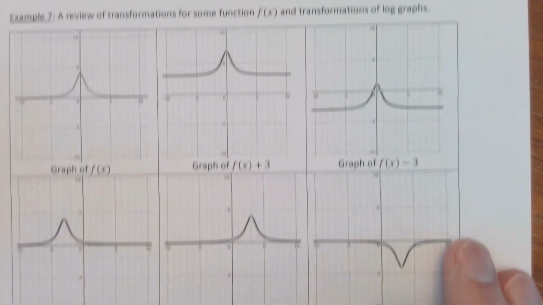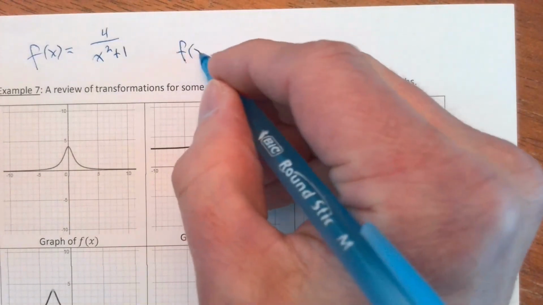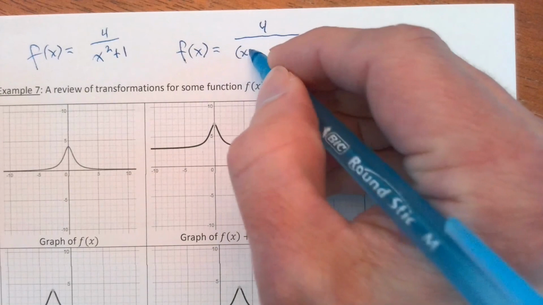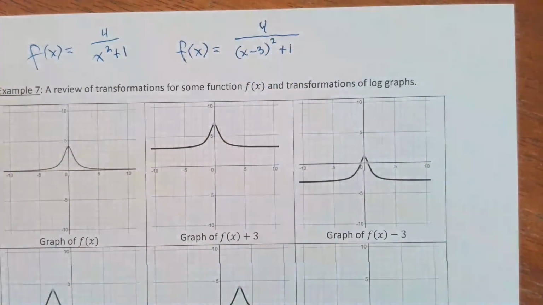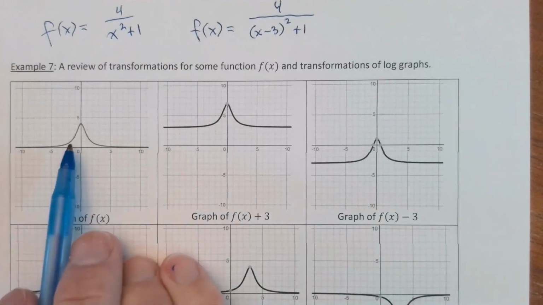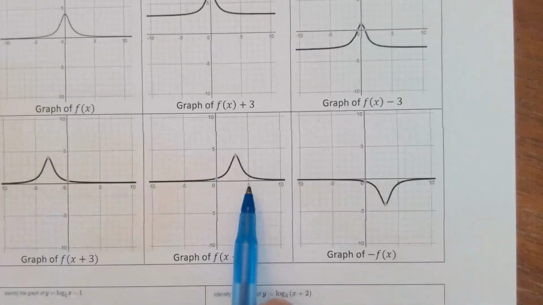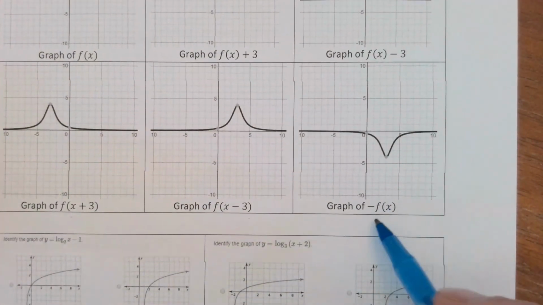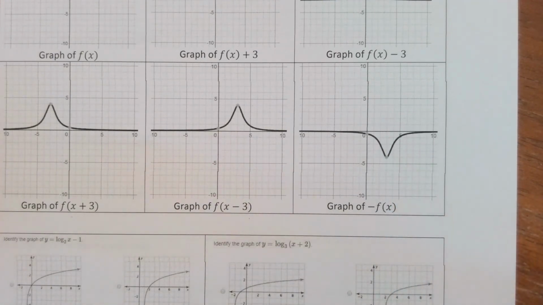And when I say first calculation, for example, subtracting 3 as the first thing you do, that would look something like this. Very, very first thing I do is subtract 3. And I'm saying that this original graph centered on the y-axis would move to the right 3 units. And finally, we saw this just in the last problem, multiplying by -1 will flip the graph and reflect it over the x-axis.